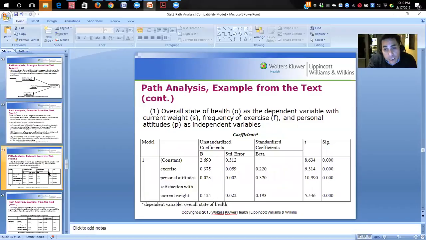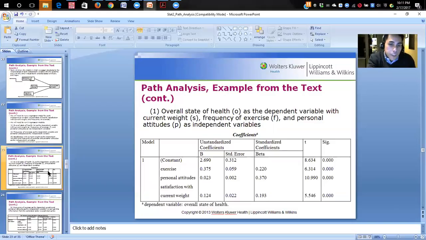And so here you have your standardized coefficient, unstandardized coefficient. This looks very familiar. This is the output that we typically see in multivariate regression modeling. So you have there the constant, and you have the independent variables: exercise, personal attitudes, current weight, and satisfaction with current weight.